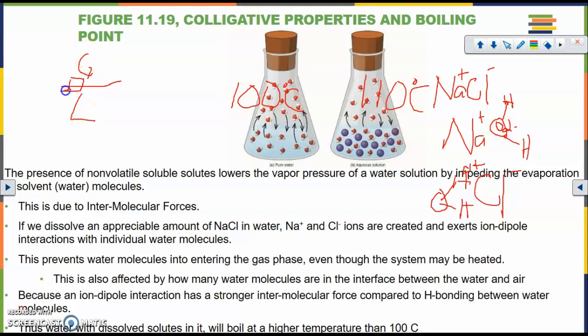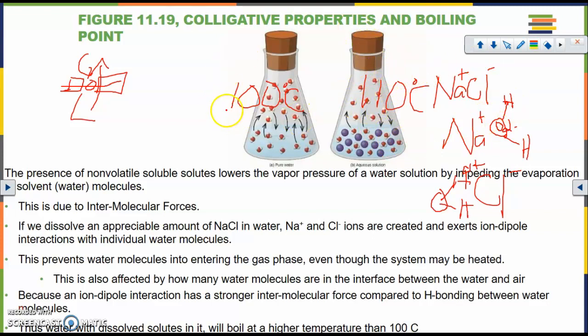However, if you introduce ionic solids on that surface, those ionic solids, sodium and chloride in this case, prevent the aggregation or the collection of water molecules on the surface. Therefore, there are fewer water molecules on the surface that are able to escape into the gas phase. So those are the two effects of soluble solids on the boiling point of water.